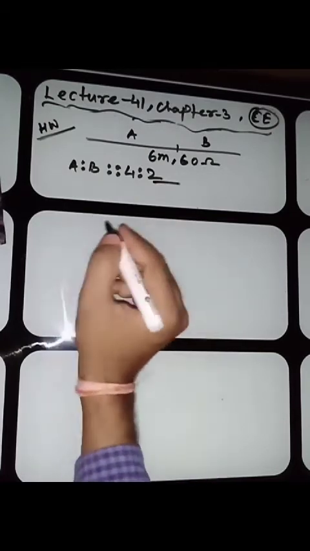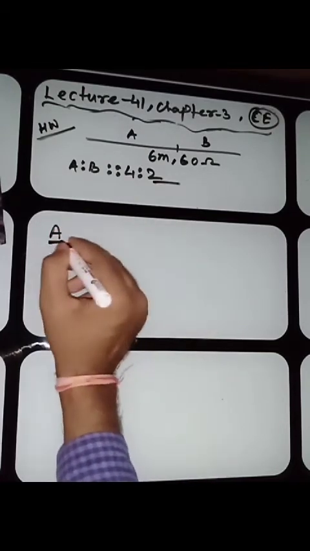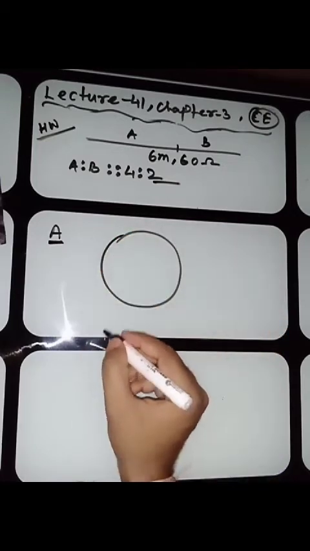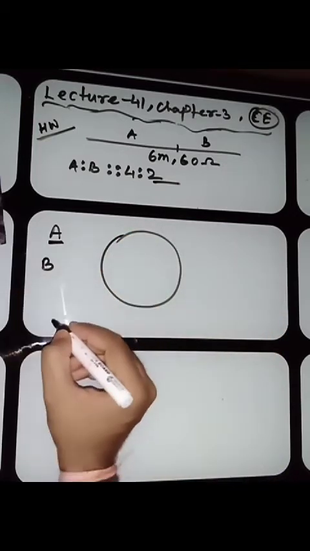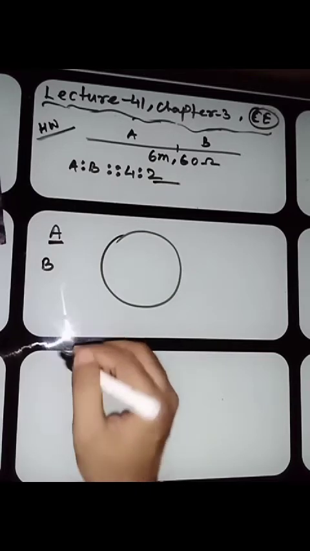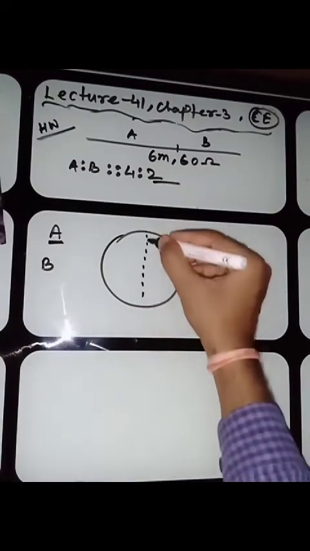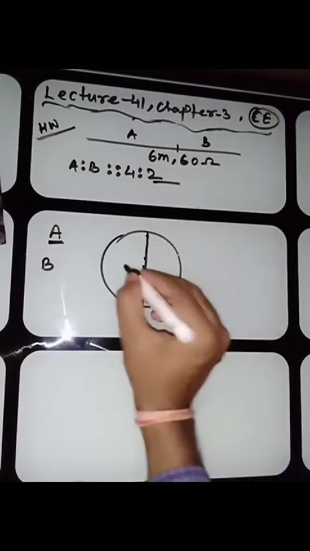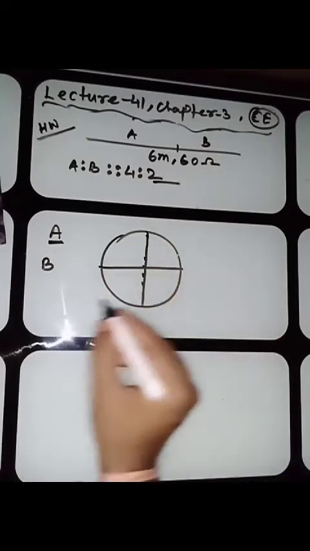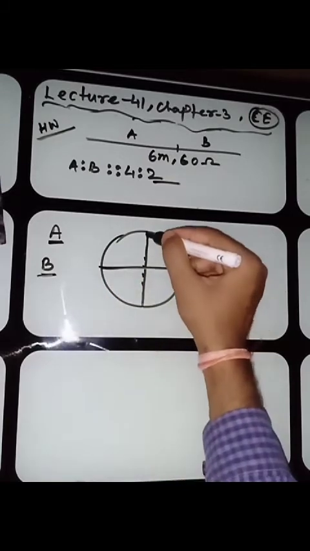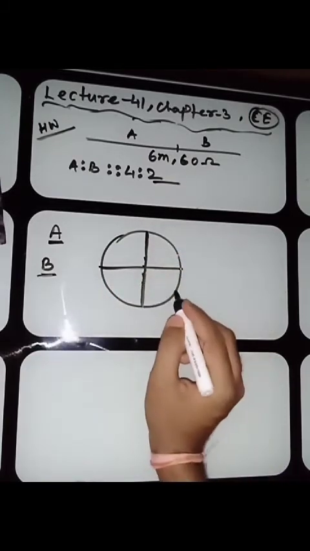Now A part forms a circle, and part B forms two diameters like this one. We divide this B to make two wires, and it forms two diameters. I hope it is very clear.